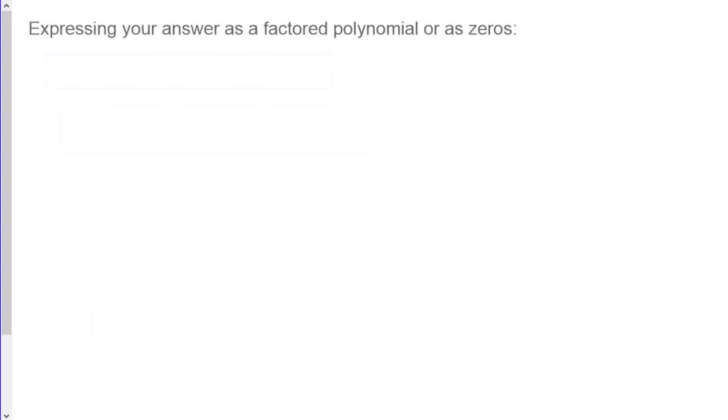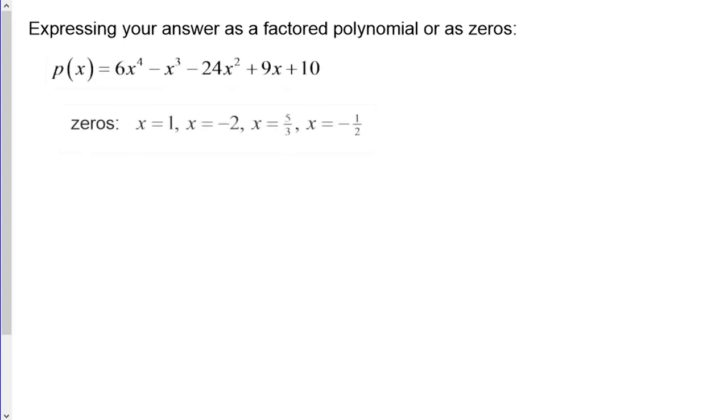Now, sometimes you're going to be asked to express your answer as a factored polynomial, and sometimes you'll be asked to give the zeros. So, same example, we already know what the zeros are. So, if you're asked to give the zeros, then you just list out what the zeros are. If you're asked to provide your answer as a factored polynomial, well, you just need to change those zeros into factors.